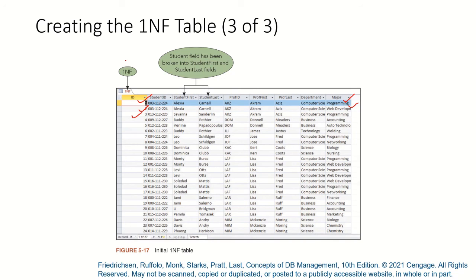Everything is unique and there are no multiple values for a column. So you just solved the multiple value problem that we had in the major column. Before, we had multiple values in this column, and we solved it.